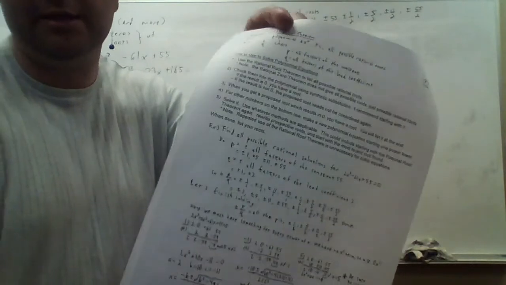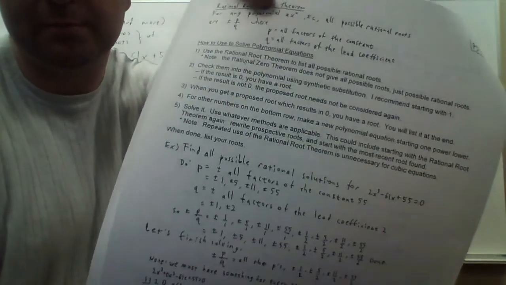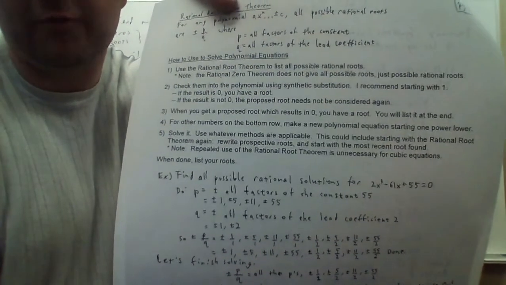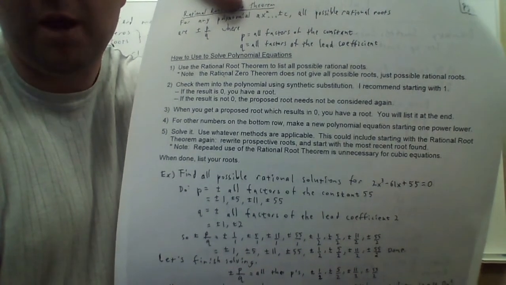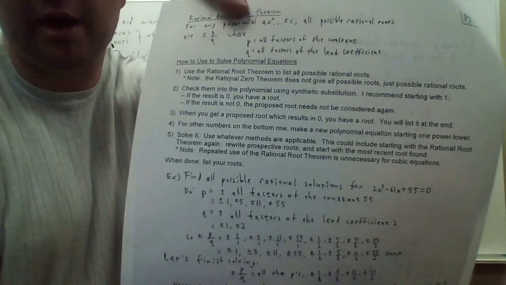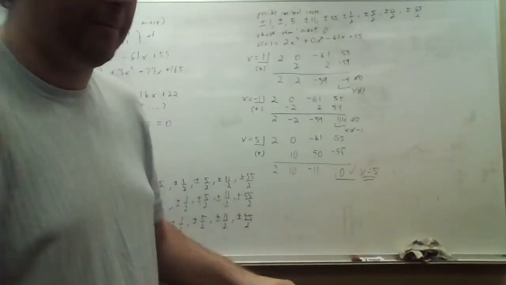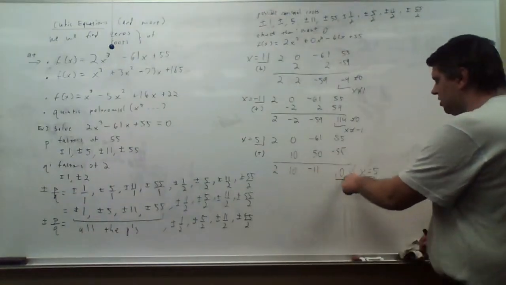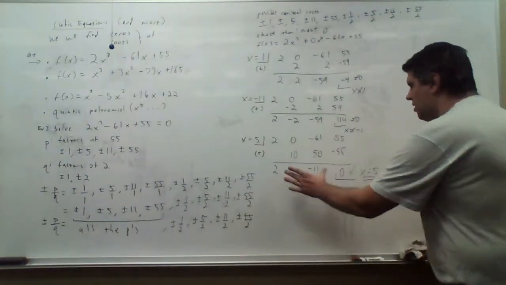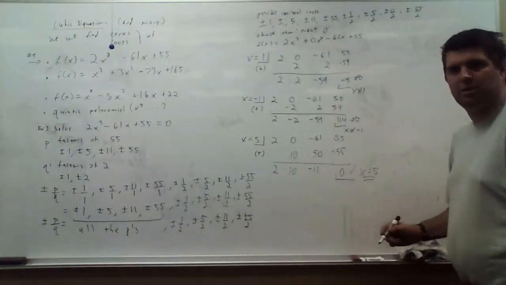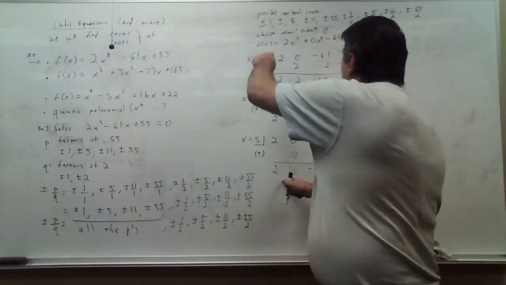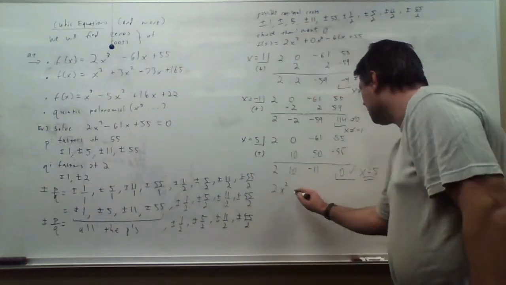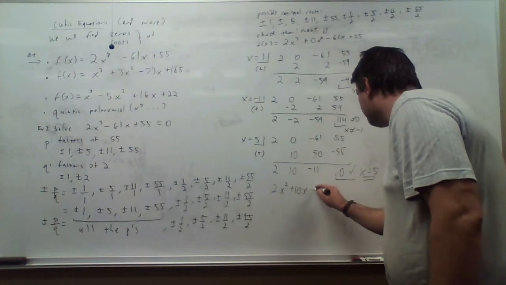The next step: for other numbers on the bottom row, make a new polynomial equation starting 1 power lower. So you've got to remember, this is not only synthetic substitution, it's also synthetic division. This is a division result. Since it started with x cubed, I will have 2x squared plus 10x minus 11.